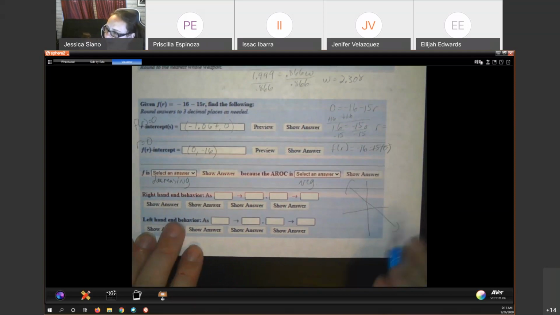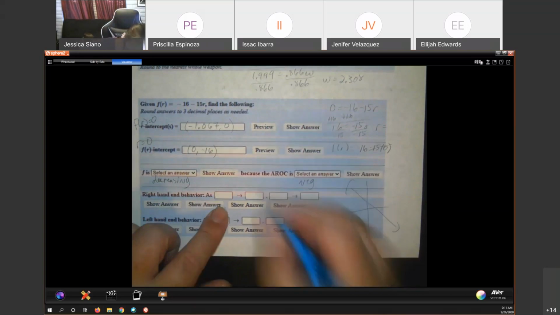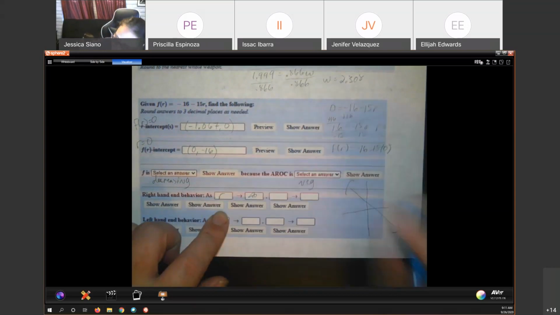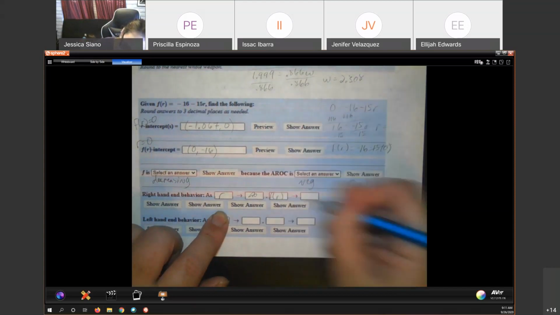So then here on the right, we would say as r approaches positive infinity, that's this way, f of r is going down.